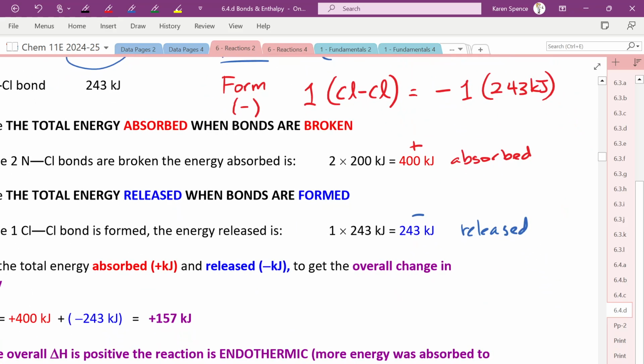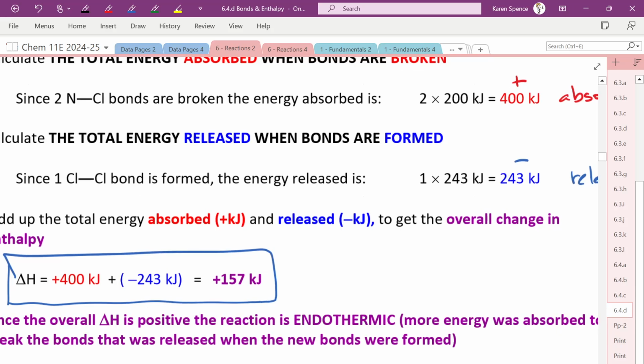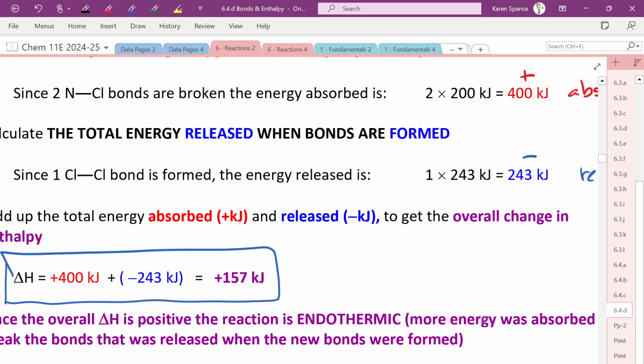And so the total delta H is 400 minus 243, which is 157. Is that good? We're absorbing 400 kilojoules. We have to put in 400 kilojoules to break the N-Cl bonds. We get out 243 kilojoules when we form that one Cl-Cl bond.